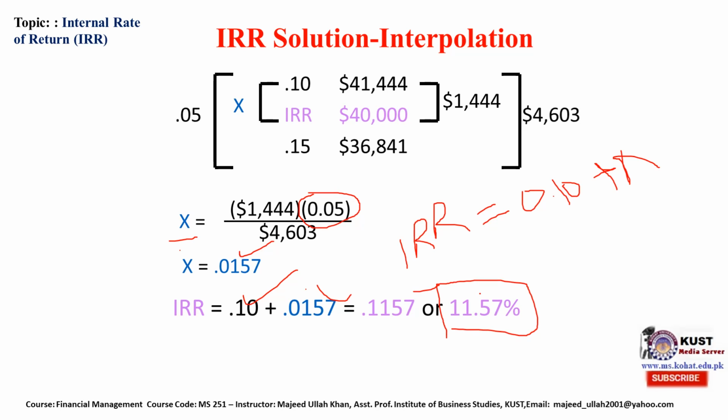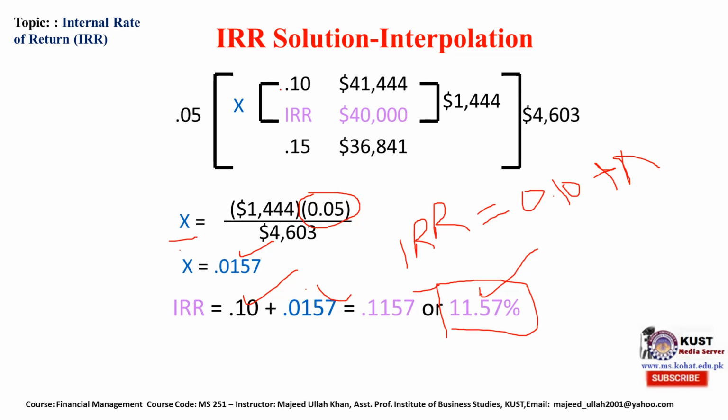So this is the rate which will equate all future cash inflows with the initial cash outflow. It is calculated through the interpolation method. Often we start from two rates, one is high and one is low, and then in between high and low we calculate the internal rate of return by this interpolation method.